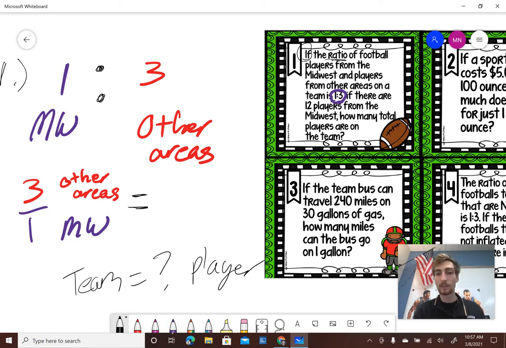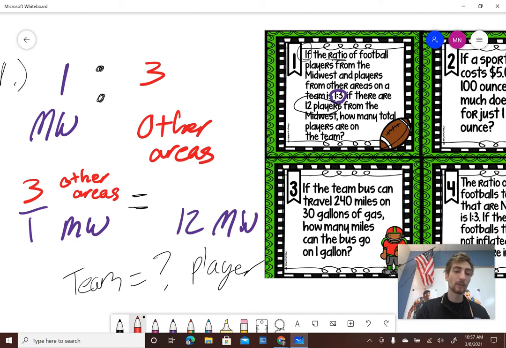And it tells us that there are 12 players from the Midwest. Okay, so if there are 12 players from the Midwest on this team, and there are 3 players from other areas for every 1 player in the Midwest, then I think I have to multiply this bottom number by 3 to get to my top number, right? Because there's 3 players from other areas for every 1 person from the Midwest.